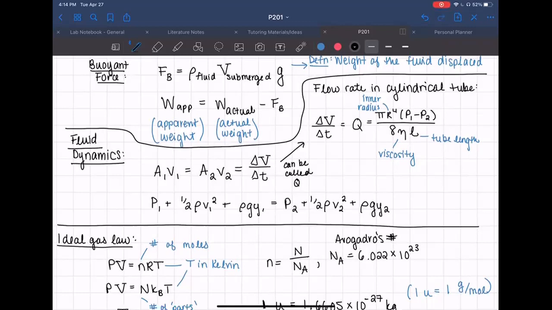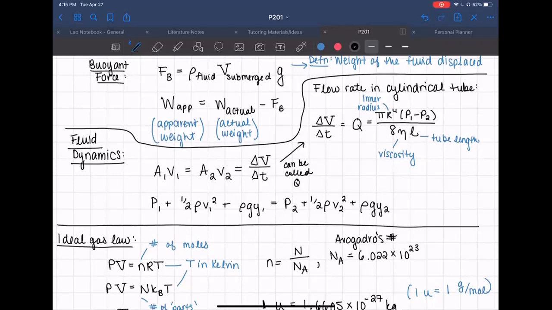So our change in volume over the change in time is going to be constant for two different points in a pipe with different areas. You could write that as the cross-sectional area at point 1 times the velocity of that fluid at point 1. Those are supposed to be lowercase v's. That would be equal to the cross-sectional area at a different point times the speed at that point.